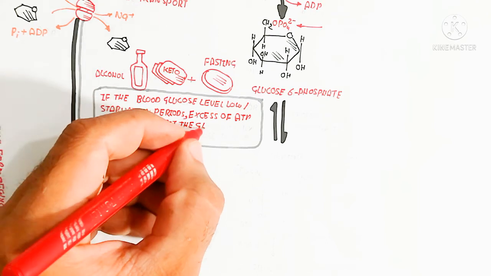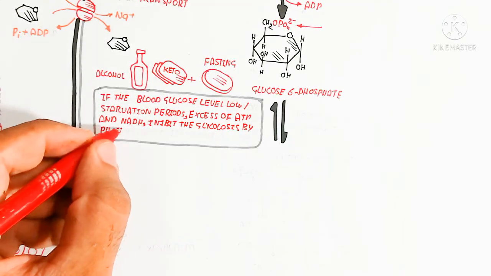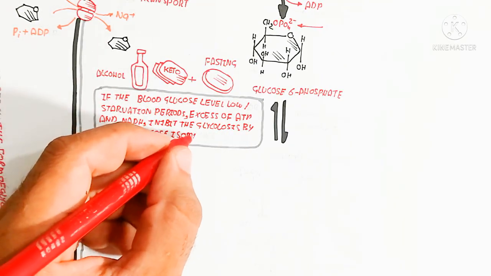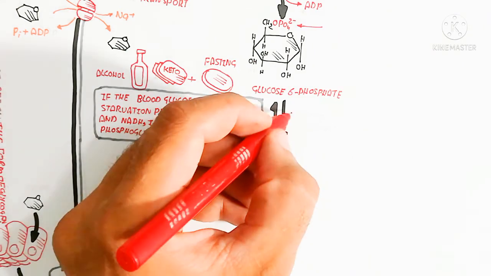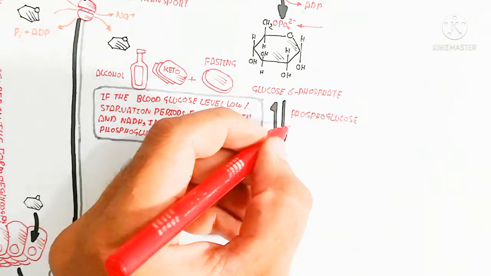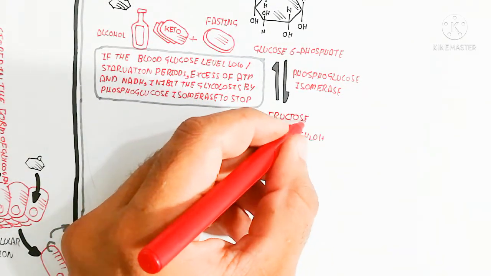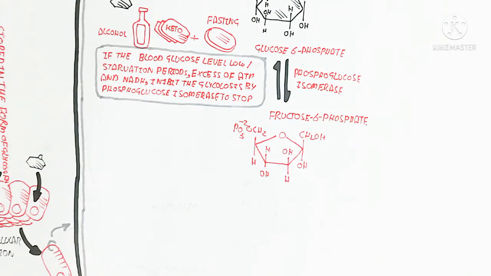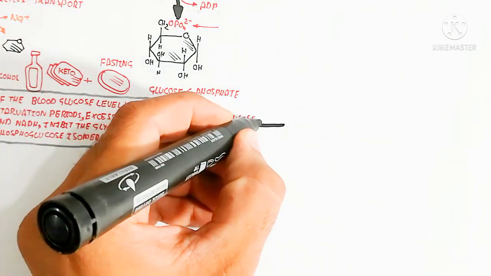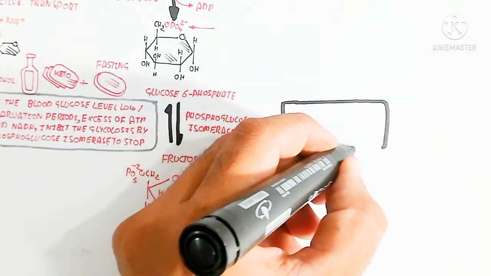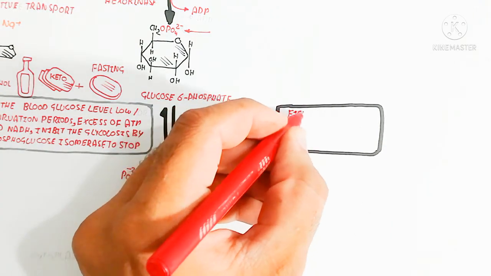If the blood glucose level is low, in starvation periods, excess ATP and NADH, which come basically from the ketones, inhibit glycolysis by stopping phosphoglucose isomerase. Why? Because the ketones will produce the energy, just as in fasting, where fat produces energy.